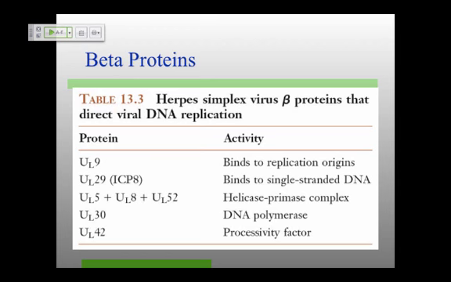There's very, very little that these viruses need from the cell in terms of getting DNA replication. The RNA stuff, again, that was all cellular RNA polymerase II, cellular transcription factors. DNA replication, a lot less so.